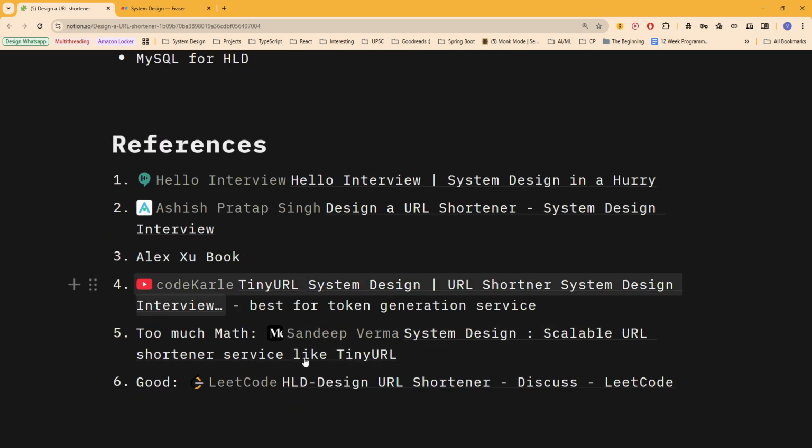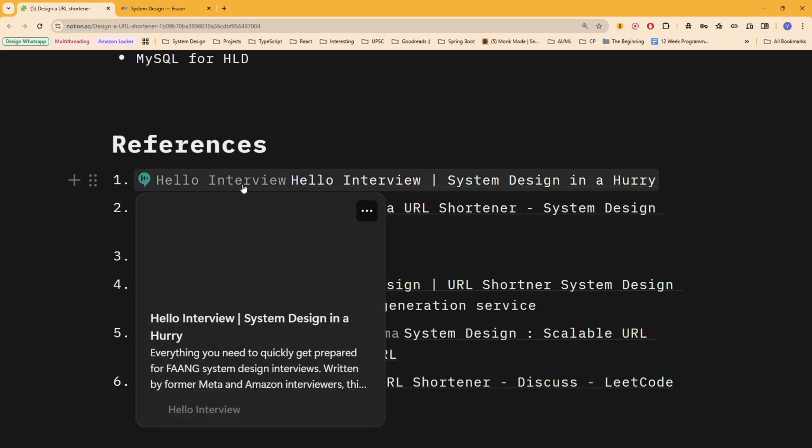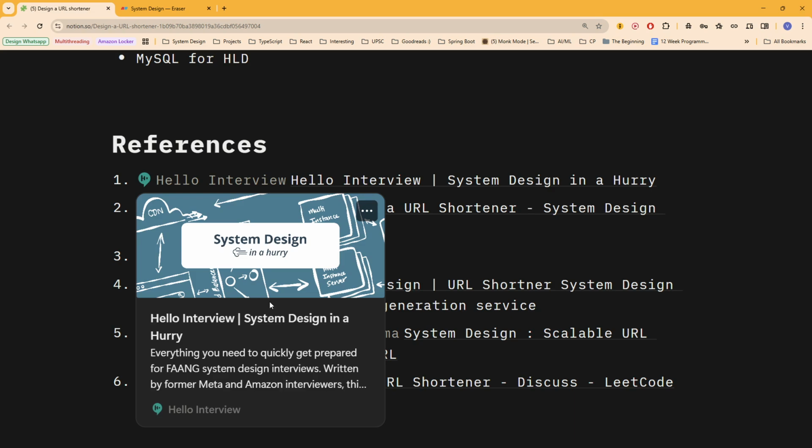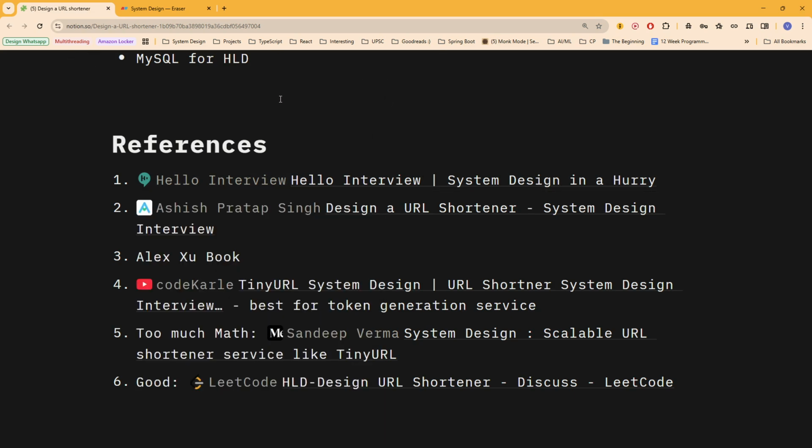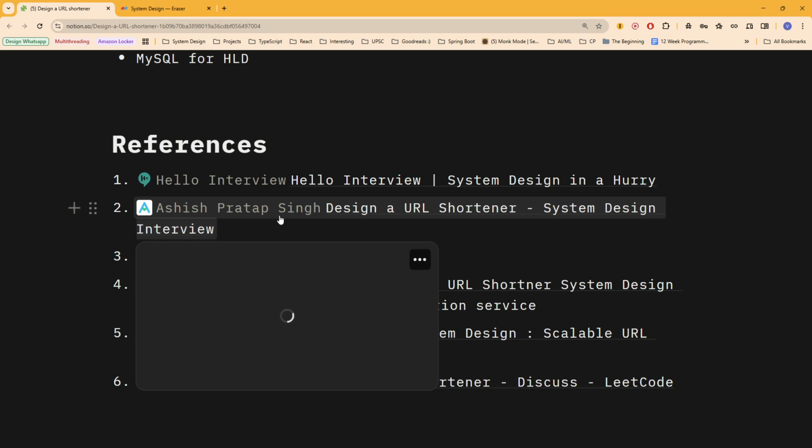Now here I have noted down some references which I used when working on the system. First is Hello Interview. Of course, I love their content, and the content I shared is heavily inspired by Hello Interview. So think of it as a revision if you have already gone through URL Shortener. Then Ashish Pratap Singh, he also has really nice blogs, and it is a good read.